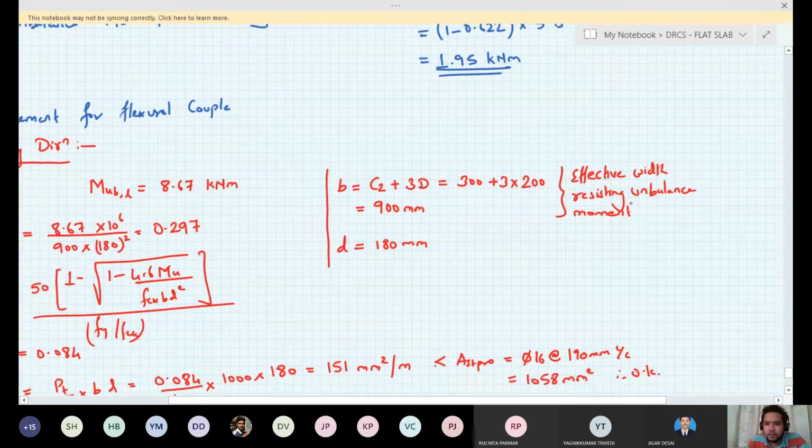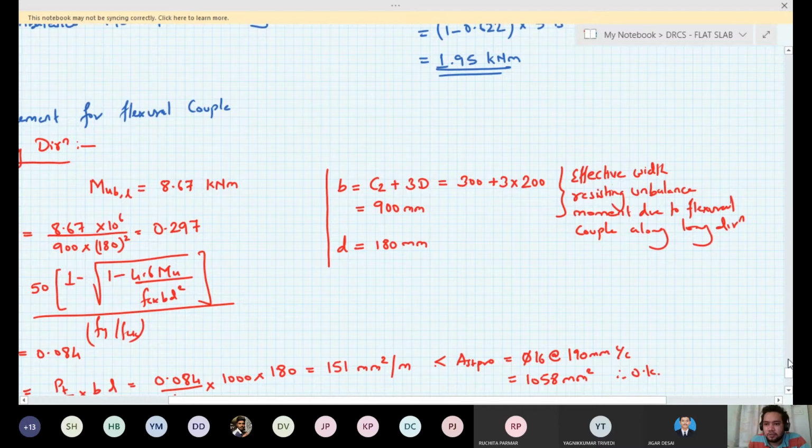Okay, so this is the effective width resisting the unbalanced moment due to the flexural couple along the long direction.